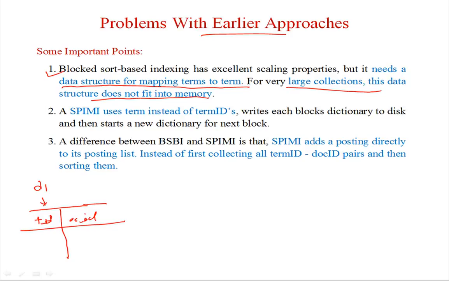into memory. But to convert a term into a term ID, suppose a term like son occurs in the document, then we first convert it into a term ID.